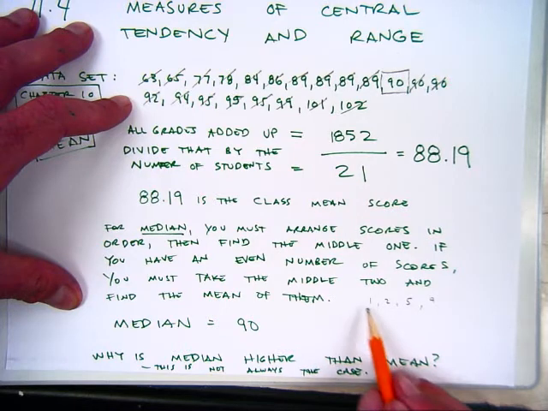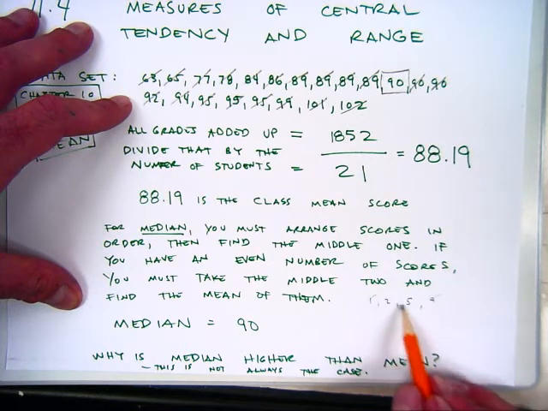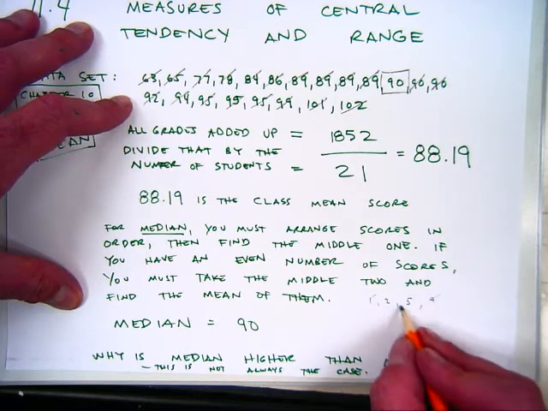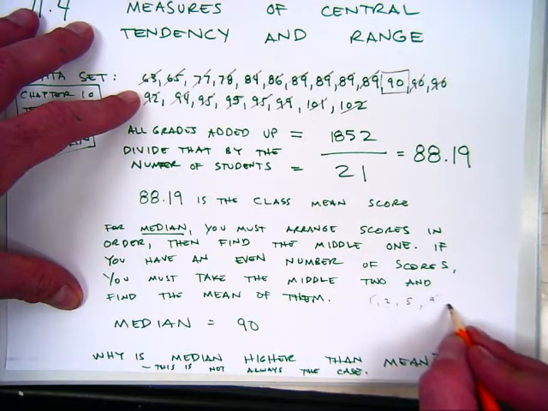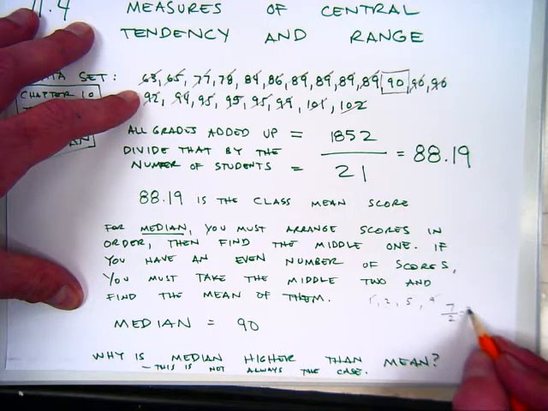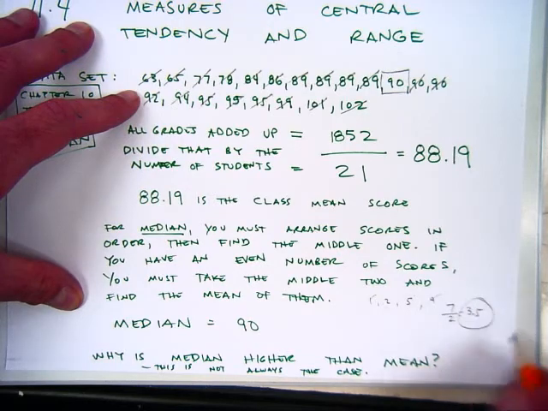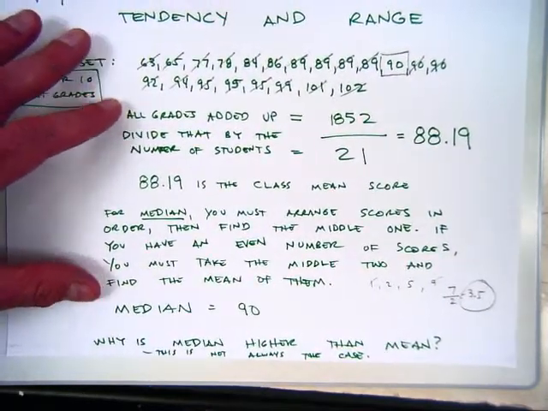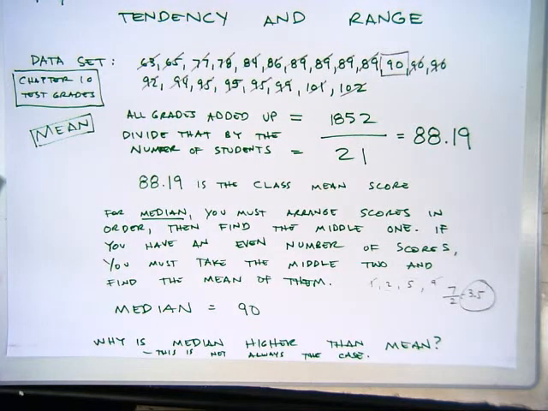To find the median, I just cross these off, but then, wait, these two, there's no middle number because there's an even number of them, so we have to take 2 plus 5 and add them to get 7 and divide by 2 just to get their mean, and it's 3.5. So the median of this set of data is 3.5. Why is the median higher than the mean in this case? Do you guys have any ideas? I'm going to ask this in class, and I want to see if anybody has an idea what would make the median higher than the mean or lower than the mean.